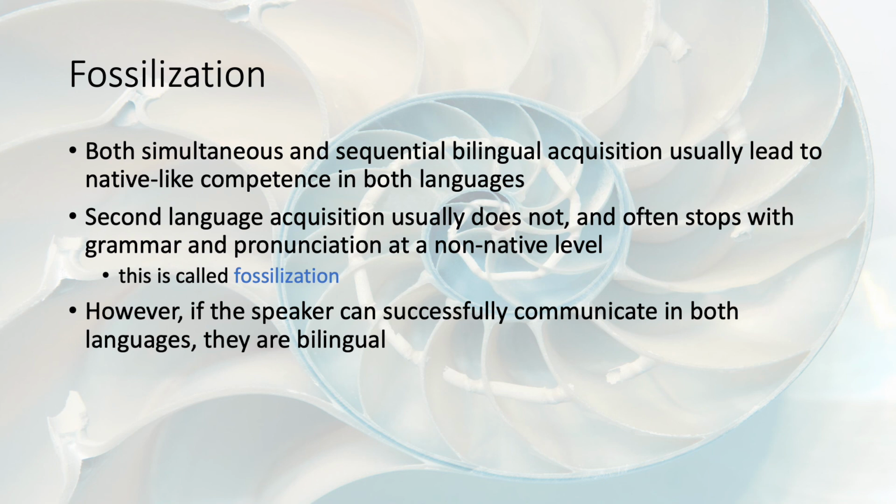However, with second language acquisition, this is usually not the case, and learners stop at some point where their grammar and pronunciation are still not at a native level, and they do not develop beyond that point. We call this fossilization, and this is what foreign accent is, for example, or persistent grammatical errors even in very proficient speakers.